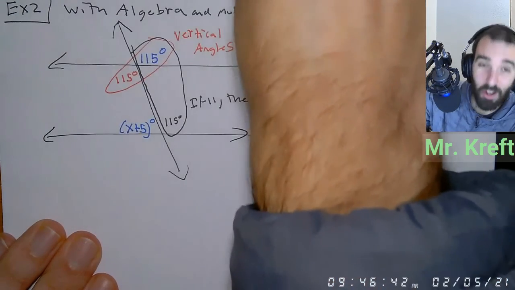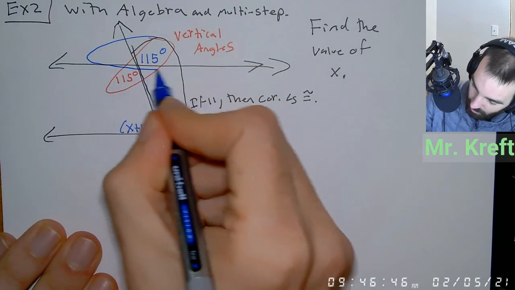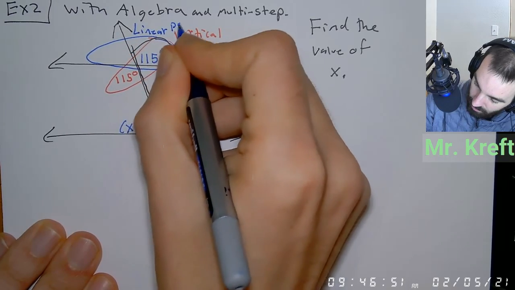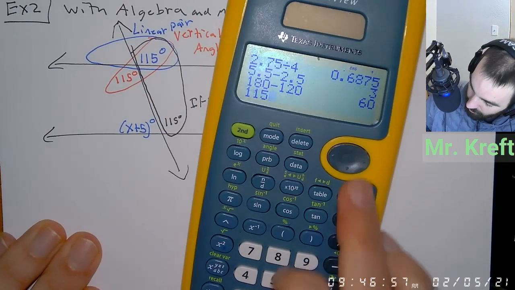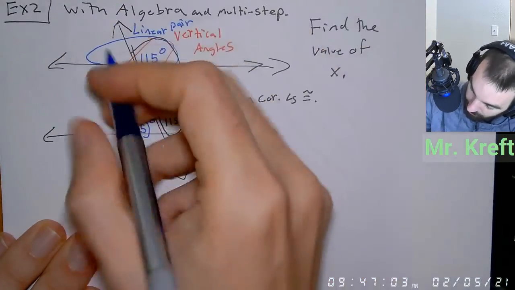Oh wait, there's more. We could do a linear pair. If I did a linear pair, I would have to do 180 minus 115, so I could get 65.